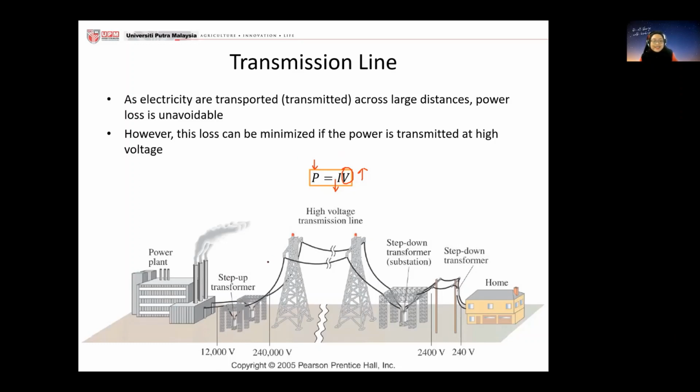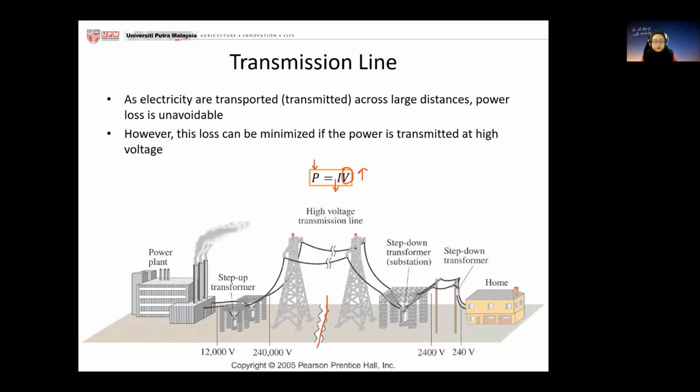That is where the voltage is increased, and it goes to the transmission line. Usually the transmission line is long. It's a very big distance. It's not 1 kilometer, it's not 10 kilometers, it can be hundreds of thousands of kilometers. So you have a high voltage transmission line.